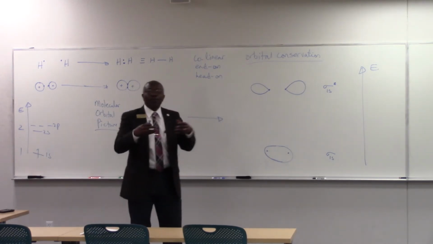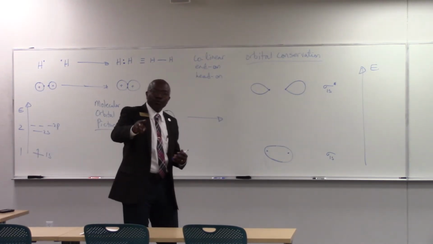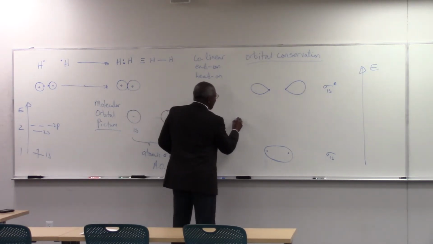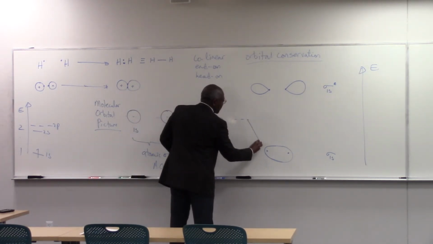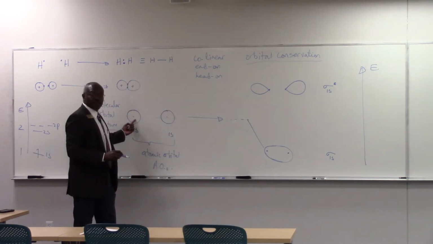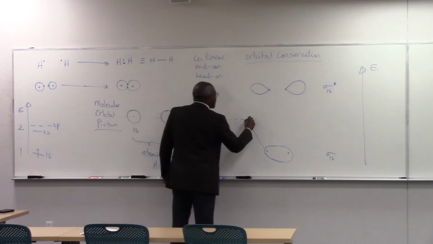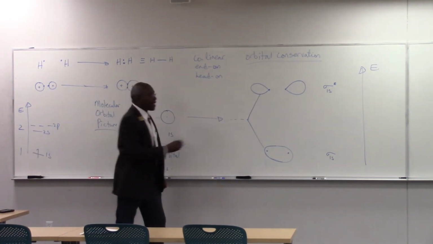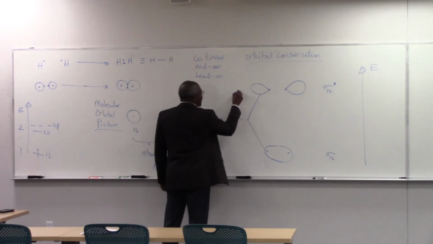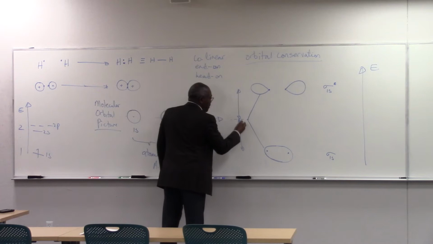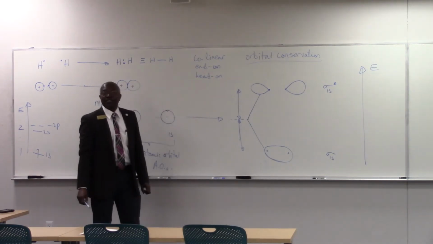When the orbitals overlap to form the two, sigma and sigma star, one of them is significantly more stable than the initial 1s's. The other one is significantly less stable than the 1s's. And what's interesting is this gap is equal to this gap, which it must because we're conserving energy.